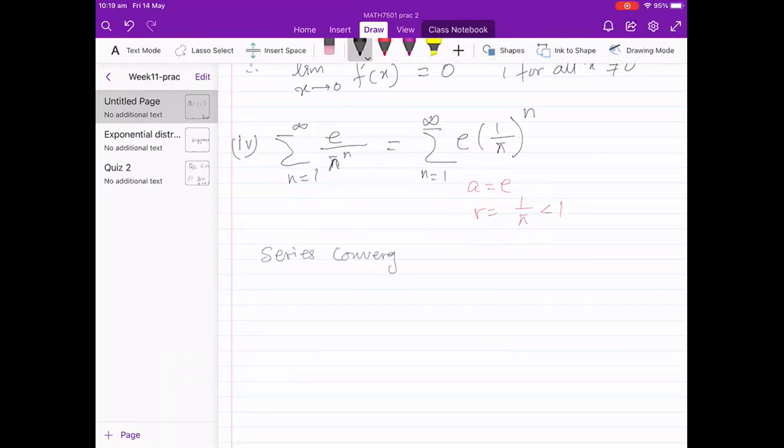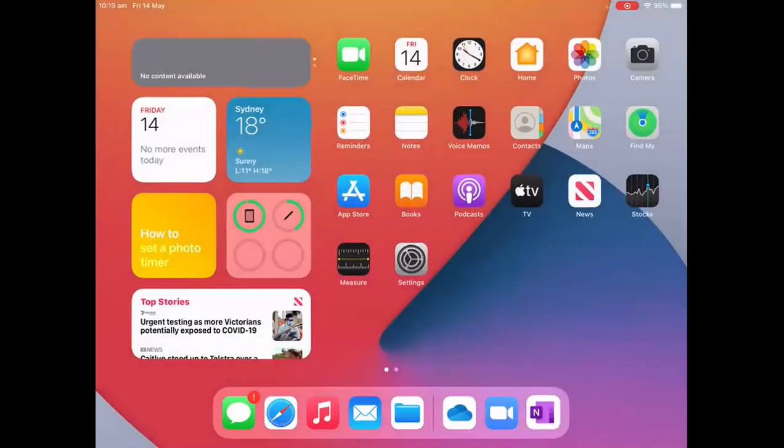What is the convergent value? It is a over 1 minus r. Is it r minus 1 or 1 minus r? I think we discussed this before.